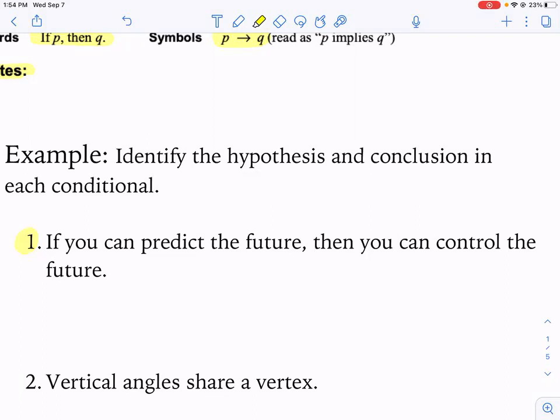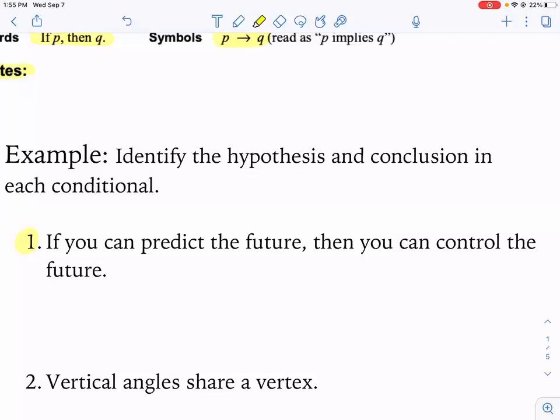Okay. Right now, we're just worried about what is the hypothesis, what is the conclusion. We'll worry about things being true or not true here in a little bit. Okay. So the hypothesis is what is going to come after the if. The conclusion is what comes after the then.